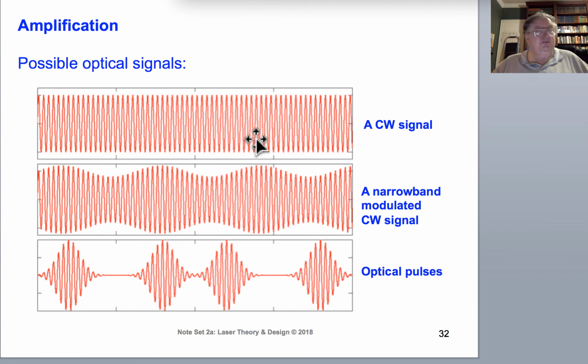This is what's known as a CW signal. You know that terminology, a continuous wave signal, where the input looks like this. It's just a constant amplitude light in steady state at a single frequency.